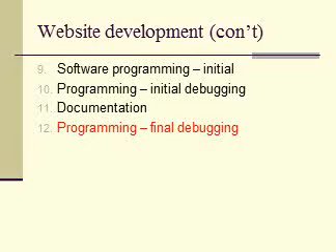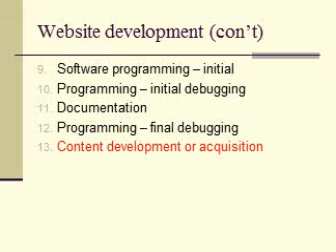This is the elimination of all known programming errors. Content development or acquisition. This is the development or acquisition of all of the remaining content to be delivered through the website. This step includes populating a database with this content so that the content can be accessed through the site.